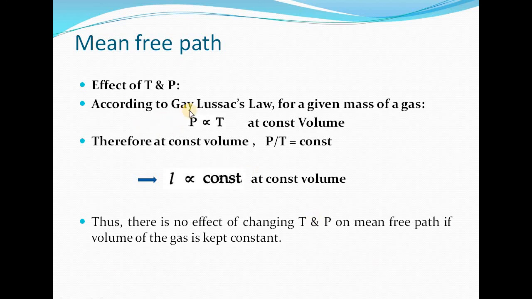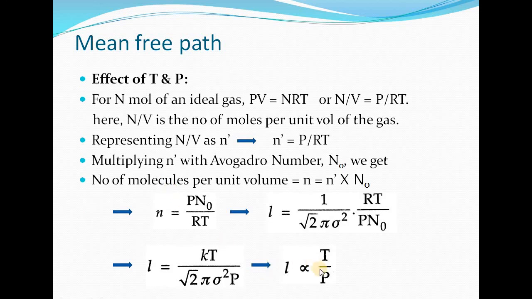Now, we very well know from Gay-Lussac's law, for a given mass of the gas at constant volume, pressure is directly proportional to temperature. So at constant volume, P by T is equal to a constant. So if we keep the volume constant, L will be proportional to a constant, independent of temperature and pressure.